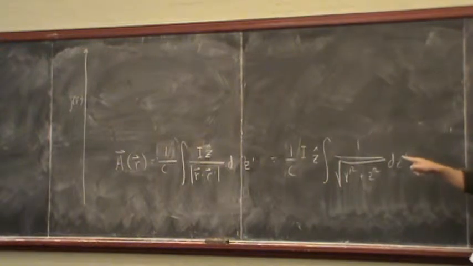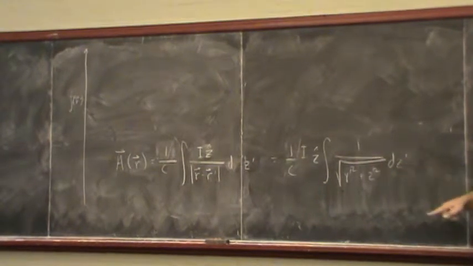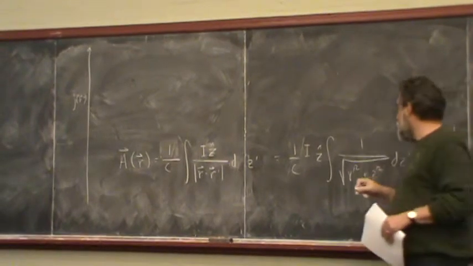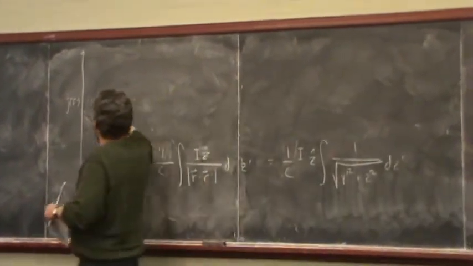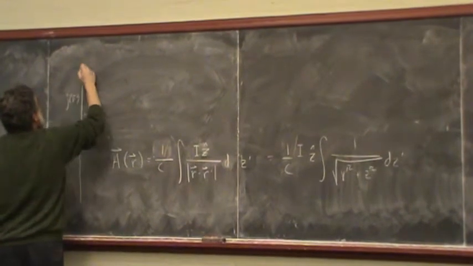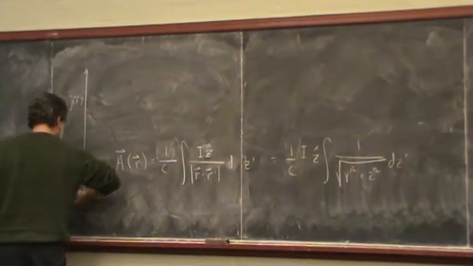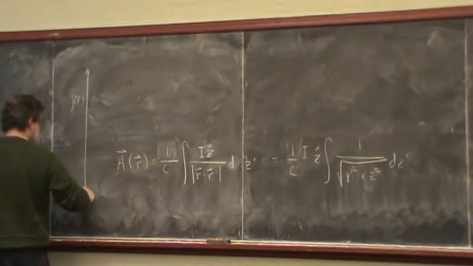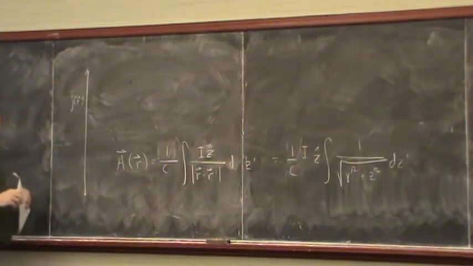So what I'm going to do is cheat a little bit. I'm going to actually say, let's do this, and this is impossible. Well, it's not really. It's okay. Let's do this for a wire of finite length.